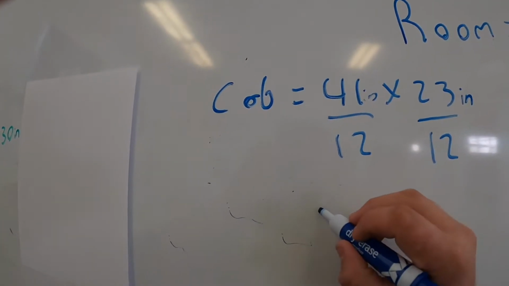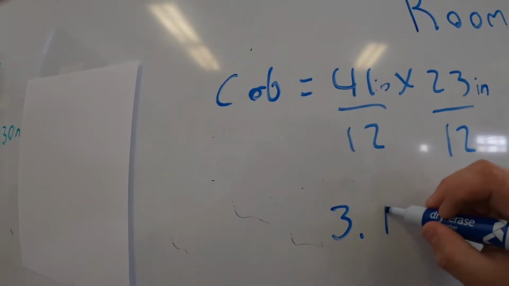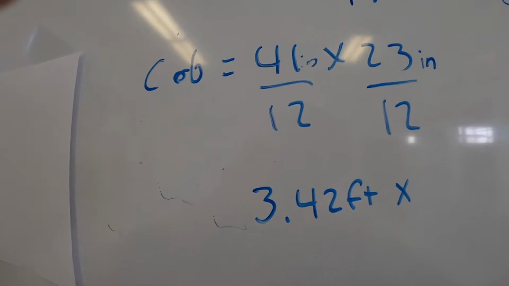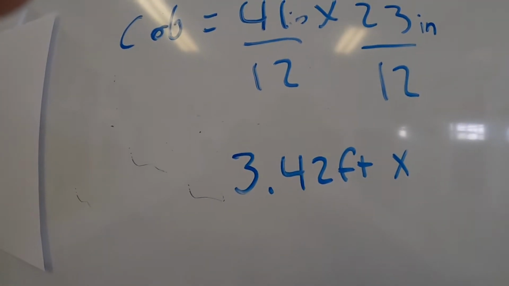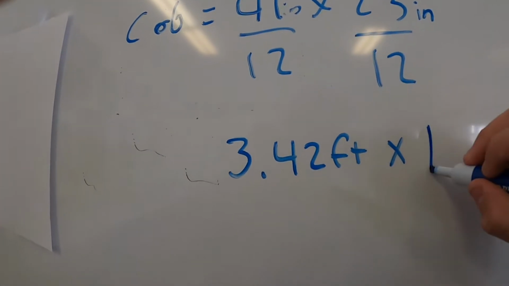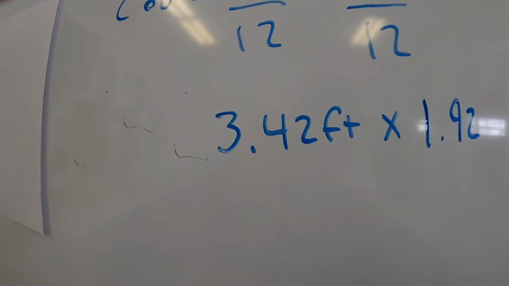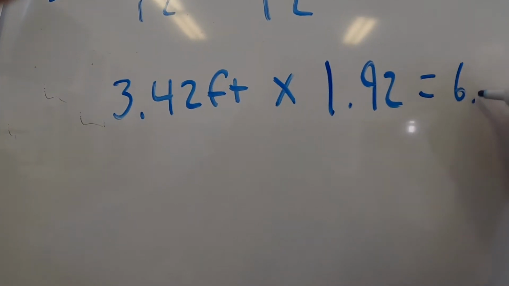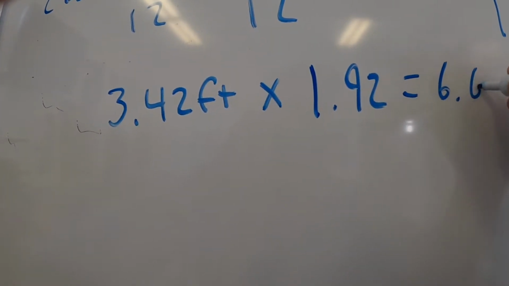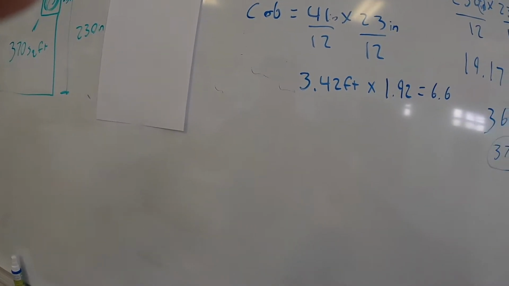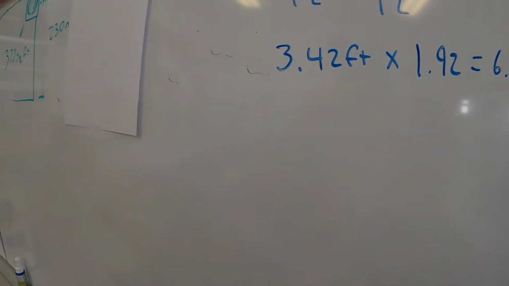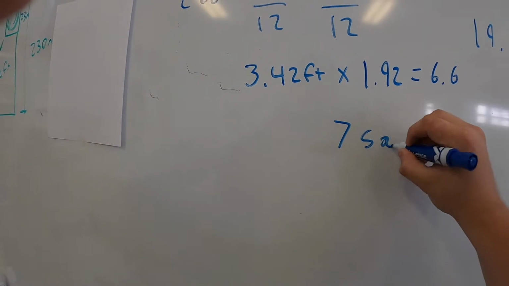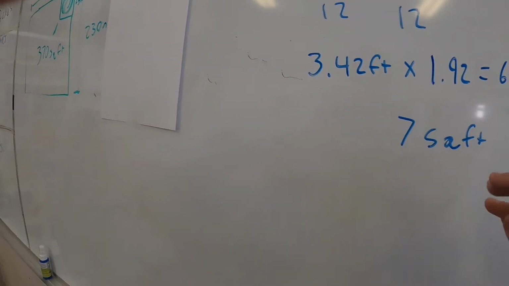And we are at 3.42 feet. Multiply that by, that's going to be just under 2 feet. Call it 1.92. We multiply this together, and we get 6.6 square feet. For the sake of this, we can measure up, right, and do 7 square feet.